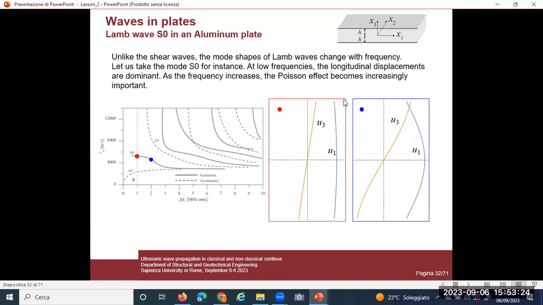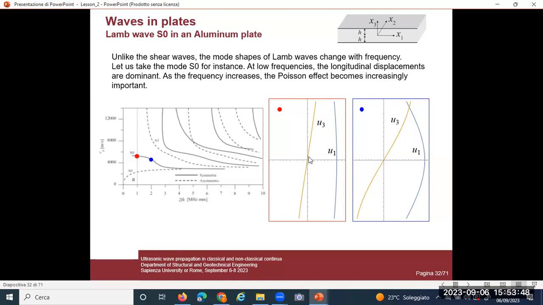You see what it's like. A symmetric mode that propagates along x1 has displacement according to x1, which looks like a pressure wave. They are symmetric with respect to the plane of the plate.